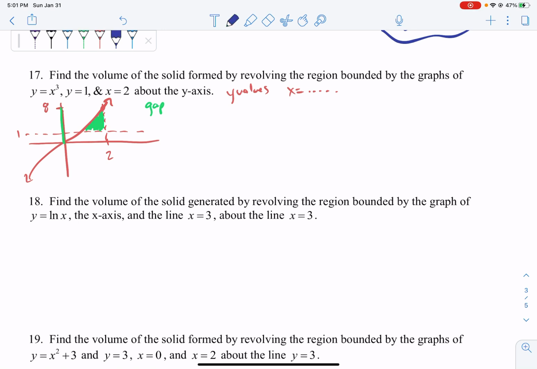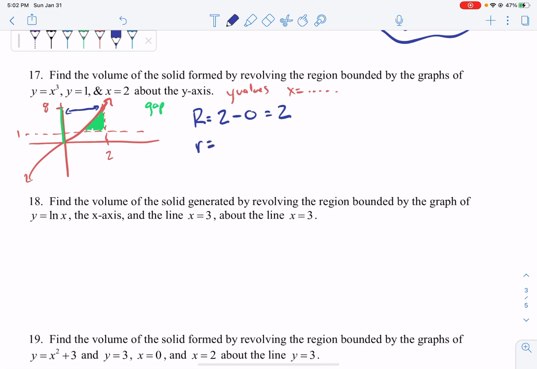So big R is the biggest curve, right? It goes all the way from my x equals 2 all the way down to x equals 0, because I'm looking at these in terms of x, not y. So big R is 2 minus 0, which is just 2.